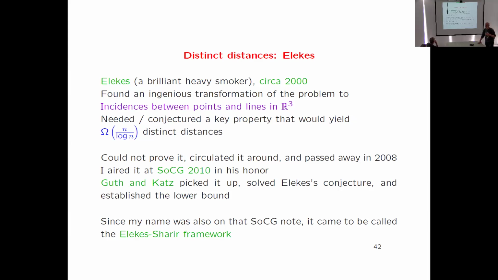So he thought about the problem and found a beautiful reduction or transformation from the problem to the problem of incidences between points and lines in 3 dimensions. The transformation is beautiful, but he needed some property of those incidences which he couldn't prove. But if he could prove it, he would get the lower bound of n over log n.